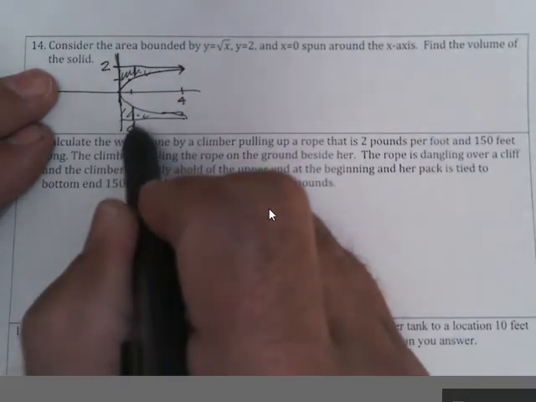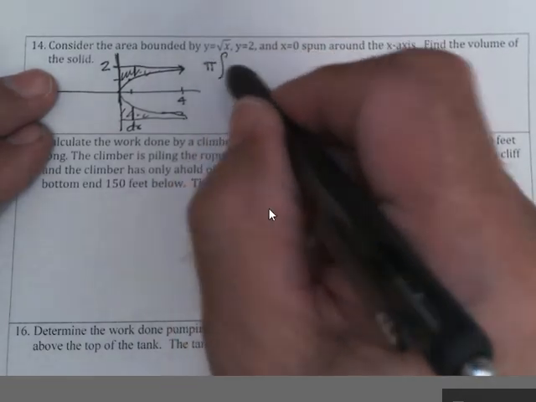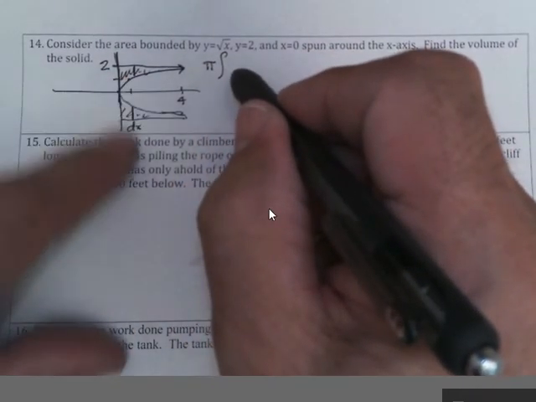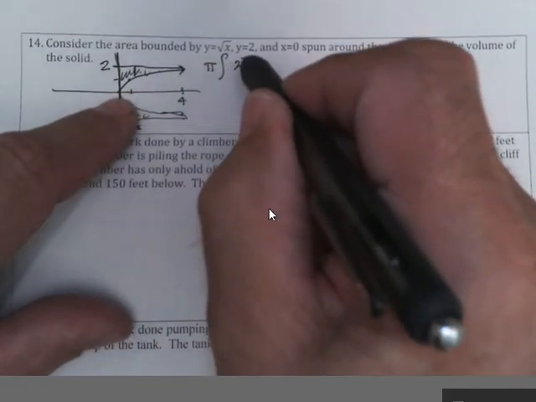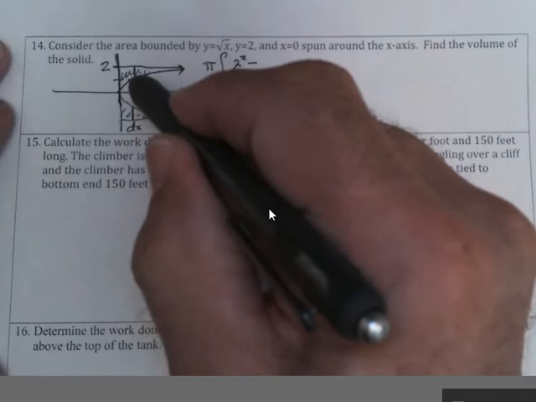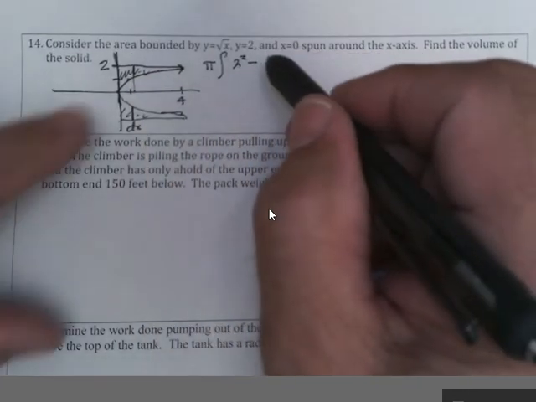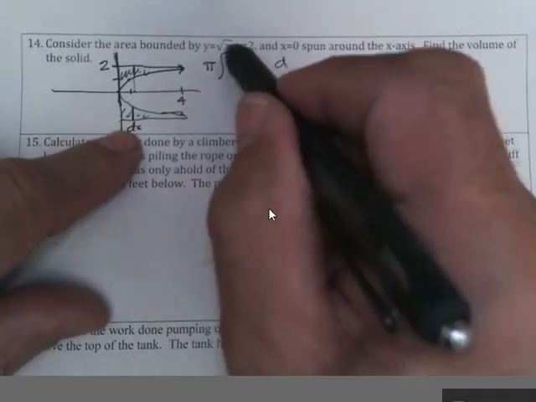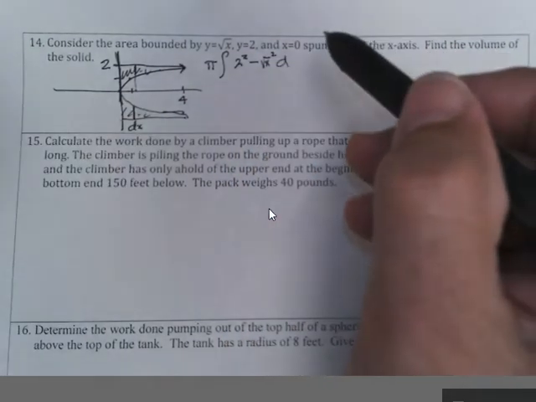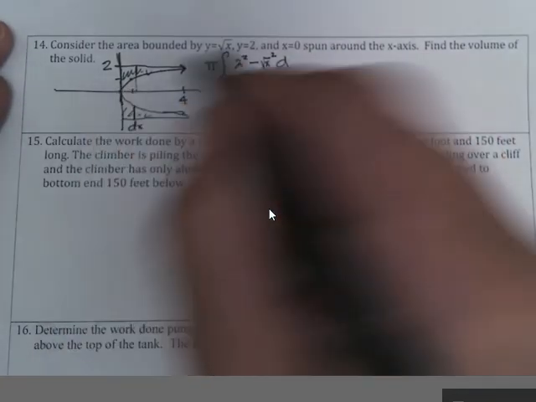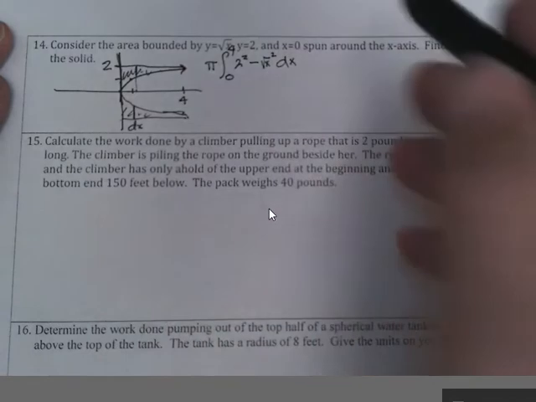So it'd be dx thick, and it's pi times the large radius squared, which should be constantly 2, minus the small radius, which should be y of this, but it's going to be dx, so I'm going to use the square root of x squared, evaluated from 0 to 4.